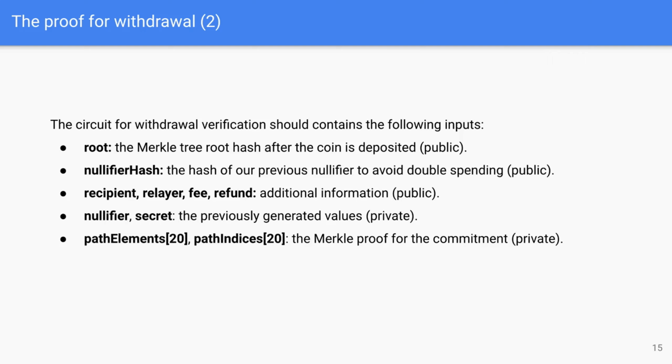Some more variables can be included in our circuit, such as recipient, relayer, fee, and refund. The private inputs to our circuit are the nullifier, secret, path elements, and path indices. The last two arrays represent the Merkle proof for our commitment.